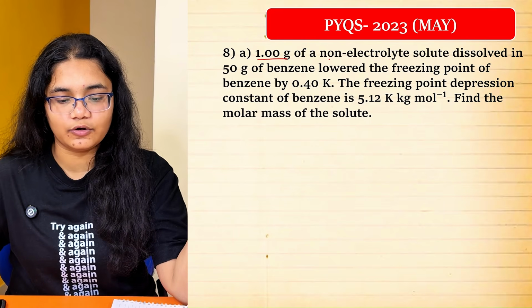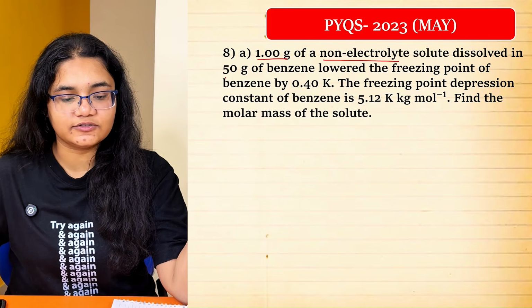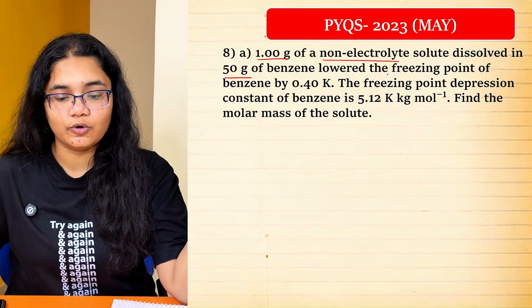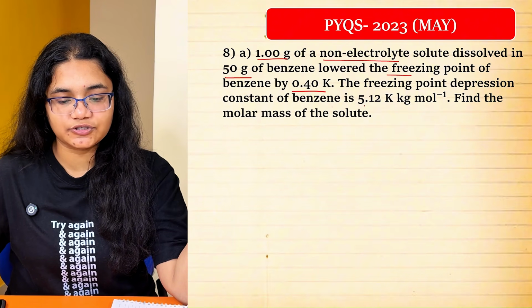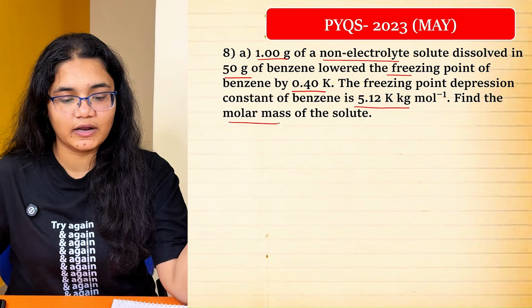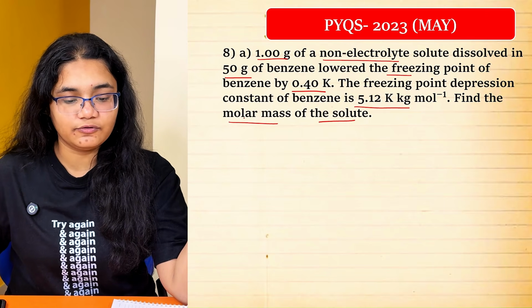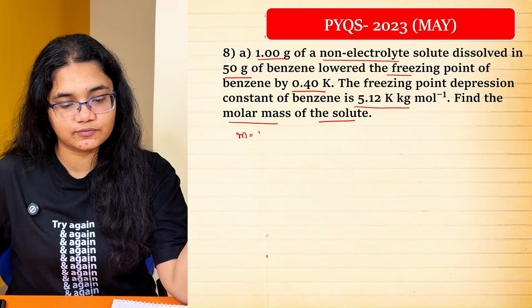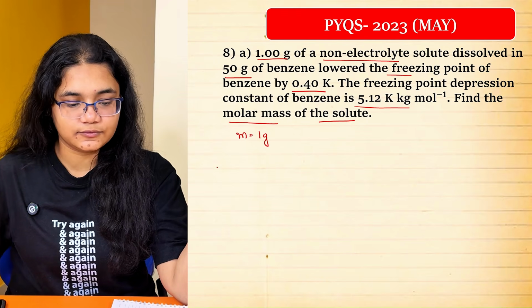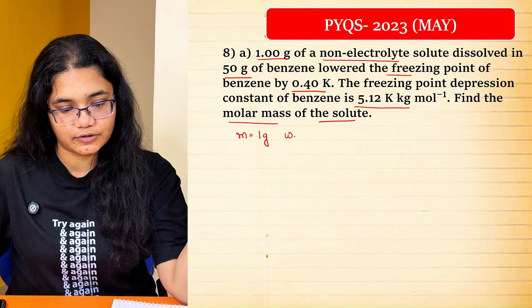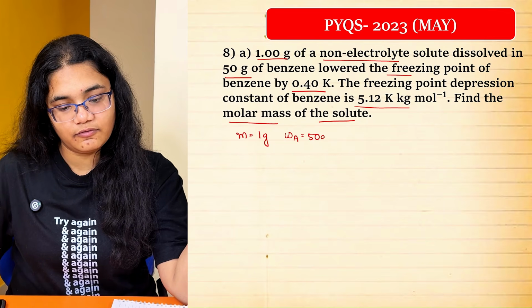1 gram of a non-electrolyte solute dissolved in 50 gram of benzene lowered the freezing point by 0.4 Kelvin. The freezing point depression is given to us. Find the molar mass of the solute. The mass here is 1 gram of a non-electrolyte solute dissolved in 50 gram of benzene, so WA is 50 gram.